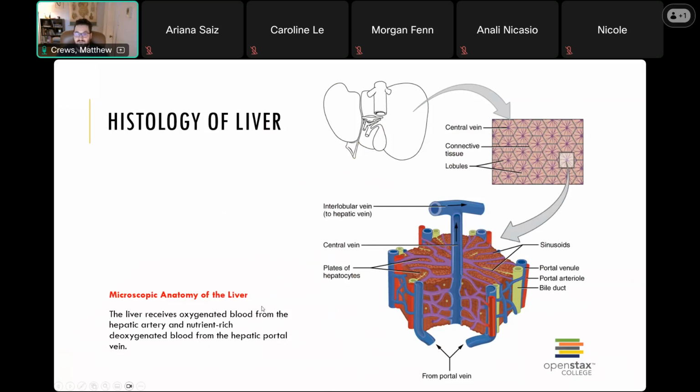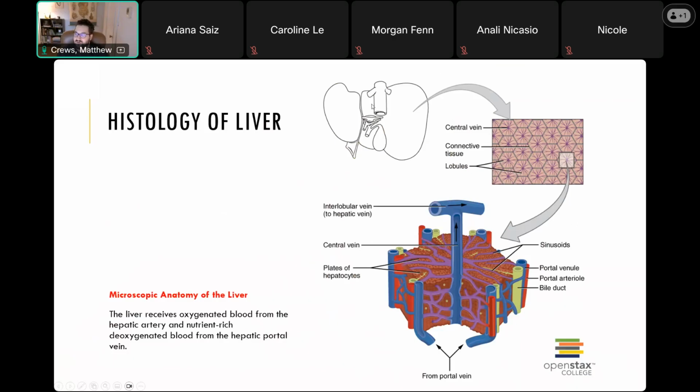So all of the food that you digest drains into the hepatic portal system, into the portal vein, and from there it goes into the liver, and then from there it drains into the vena cava. So you have these interlobular veins to the hepatic vein, and then from the hepatic vein it goes into the vena cava.